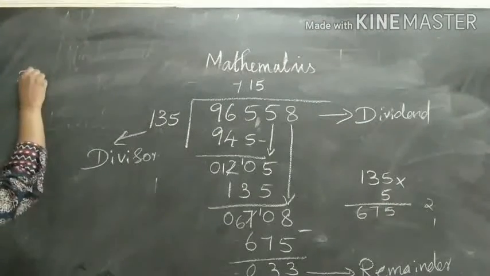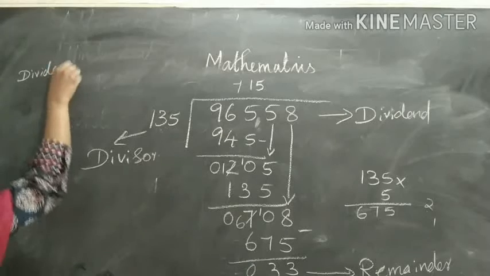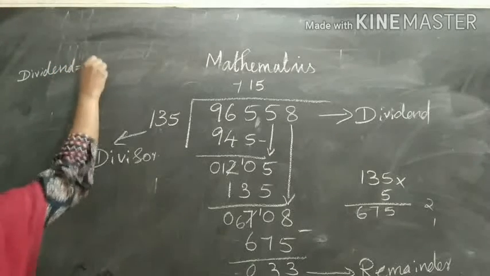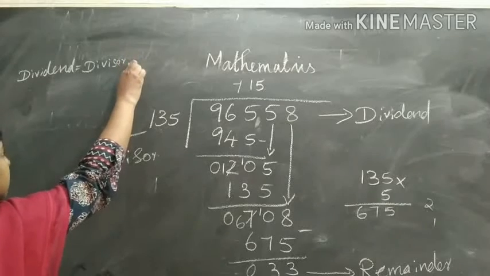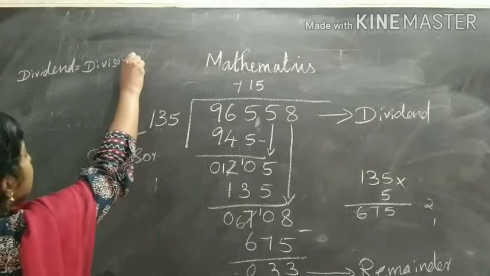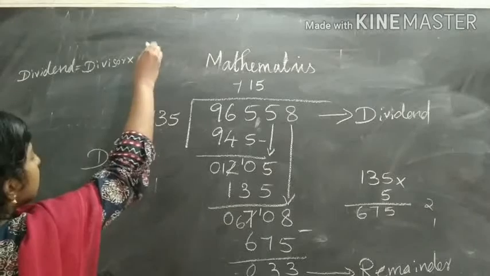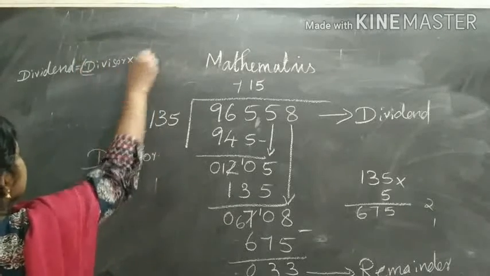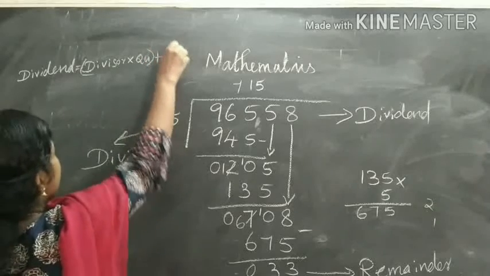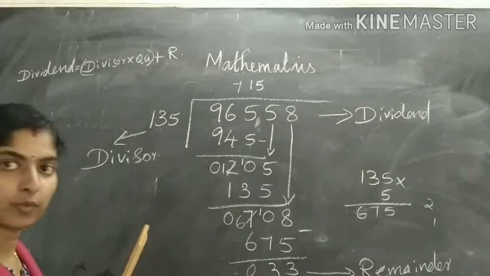Here, dividend equal to divisor into quotient plus remainder.